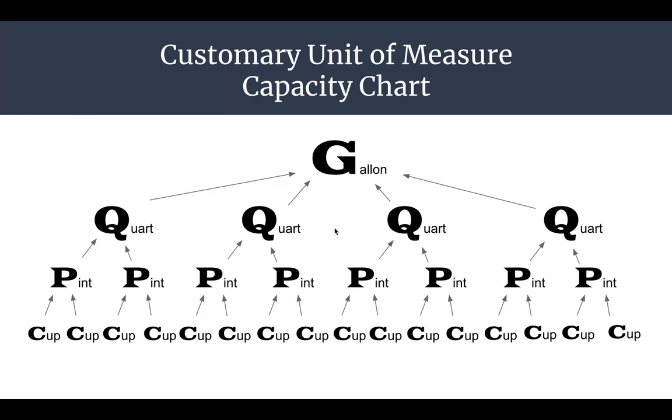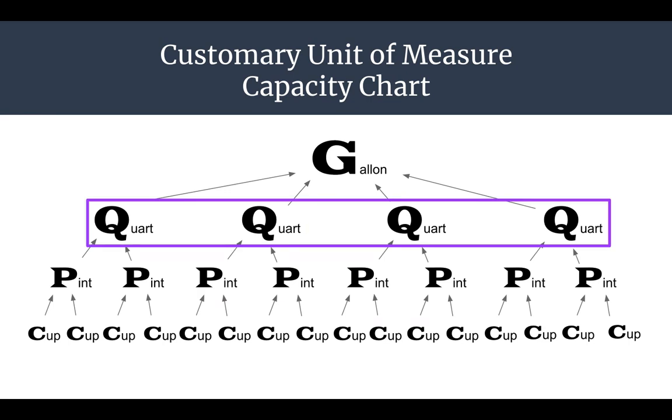And we'll see that on our chart. So again, 2 cups equal 1 pint. Then remember, 2 pints equal 1 quart. 4 quarts equal 1 gallon.